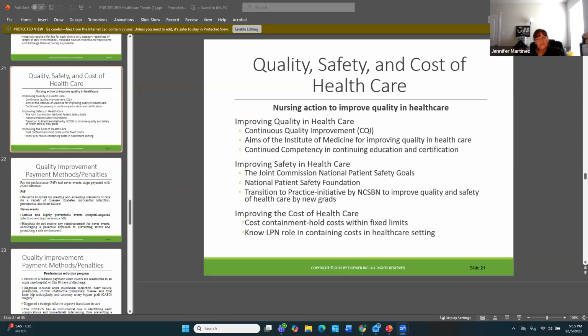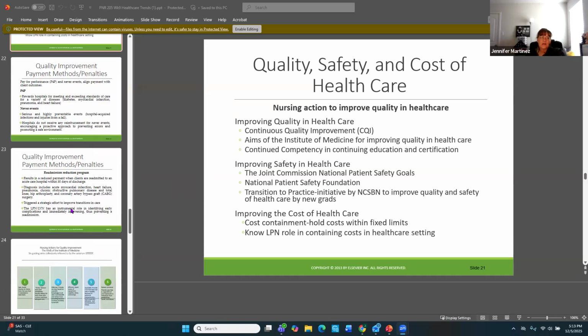And the national patient safety goals, that's another thing that I don't know how many people remember. But some of those are using the two identifiers when you're identifying your clients, using medication safely, using alarms safely, preventing infections like your catheter associated UTIs, your ventilator assisted pneumonias, things like that.